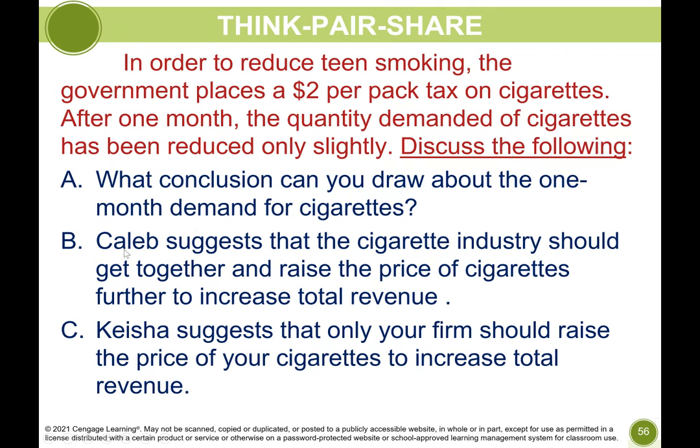Number B, Caleb suggests that the cigarette industry should get together and raise the price of cigarettes further to increase total revenue. Number C, Keisha suggests that only your firm should raise the price of your cigarettes to increase total revenue.